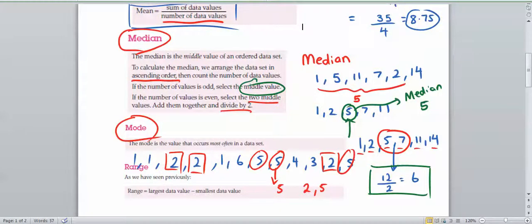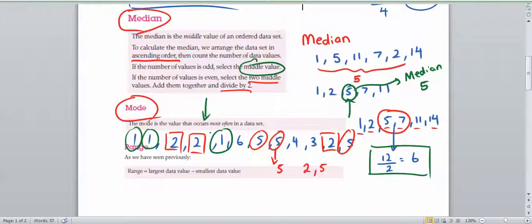There'll be three or more things which occur the same amount of times. So you can see here that the mode would be 1, 2, and 5. That's multimodal. Bimodal is when we had the 5's and the 2's, same amount. But obviously the value which occurs the most is the mode.